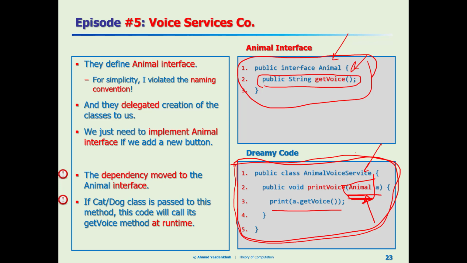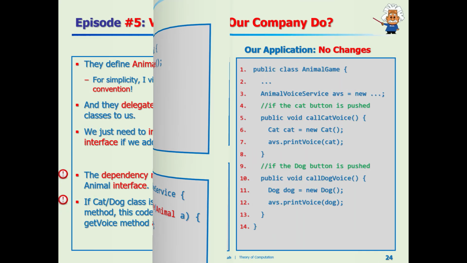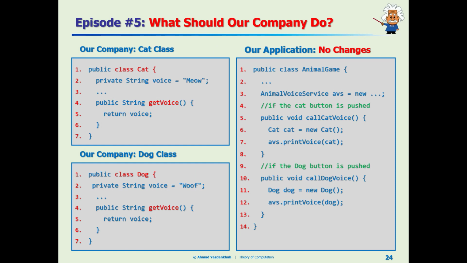Now the question is, what should our company do up to this point? Their job is obvious: they want to create an interface and make the dependency of the code on an interface. But how about our part? From now on, we are in charge of the cat class and the dog class.